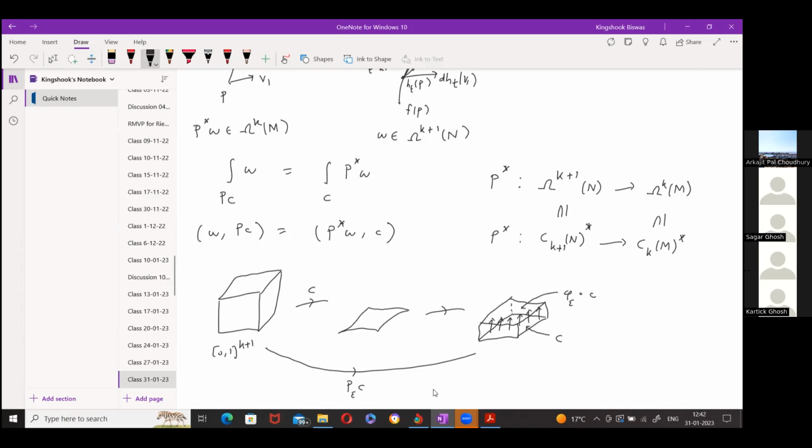Because this phi t is the flow of X. So for small time, this moves in the direction of X. So this is what my k+1 cube P epsilon C looks like.